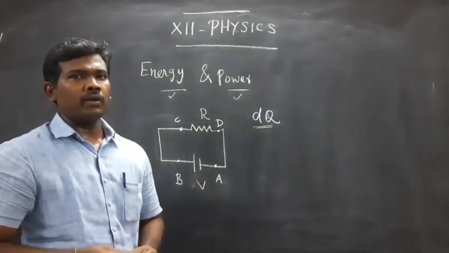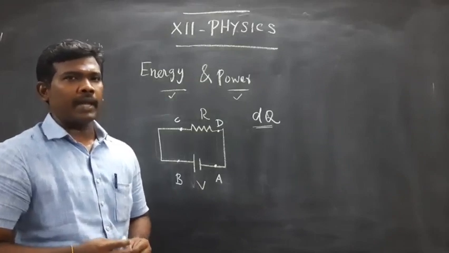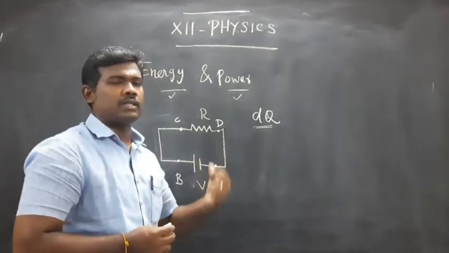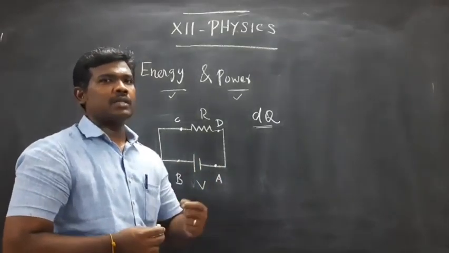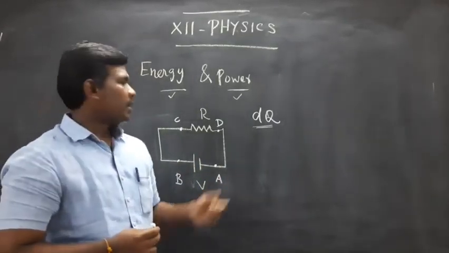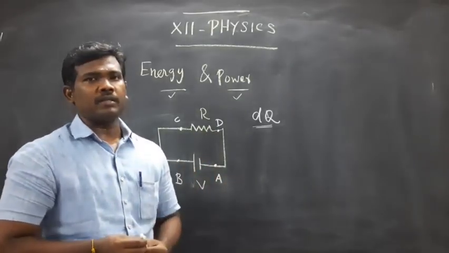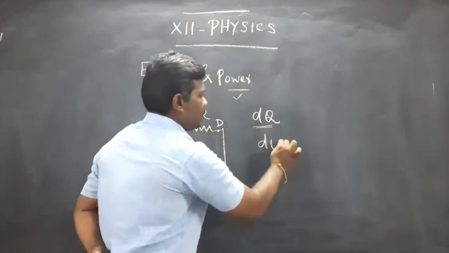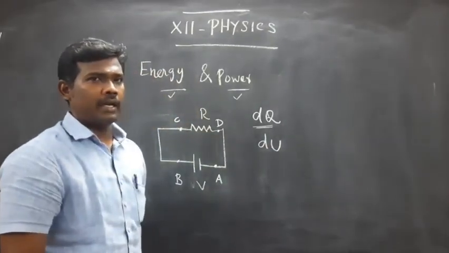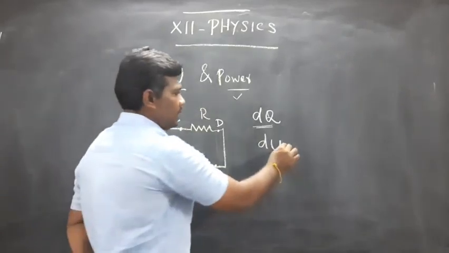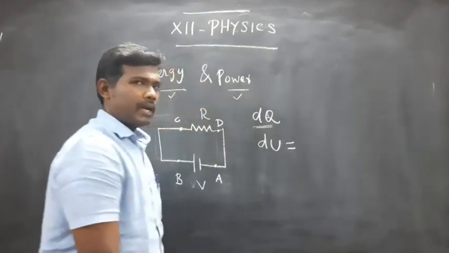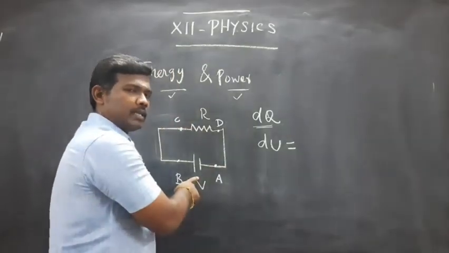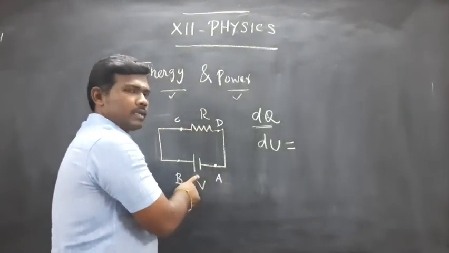Now we are going to calculate the amount of energy transferred from the power supply to the charges, and how much energy the resistor gets from the charges. Let dU be the electrical potential energy carried by the charges from the power supply.